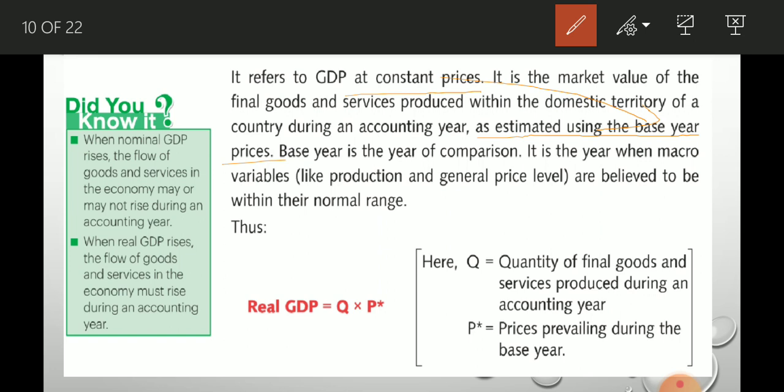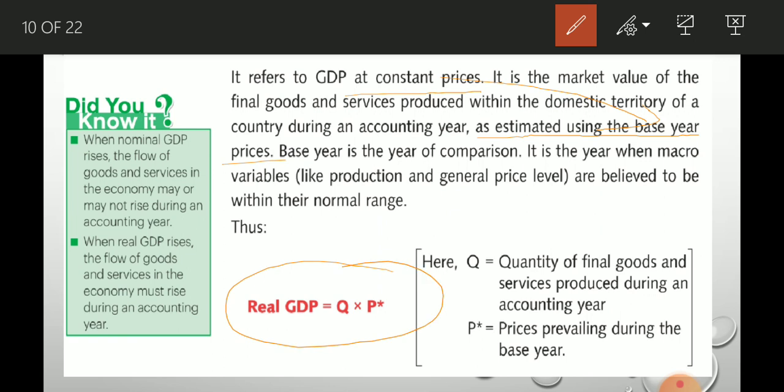How do we find out if a year is a normal year? In which year there is no problem of inflation or deflation. That is a normal year. So real GDP means when GDP is calculated at constant price, on the basis of base year price.